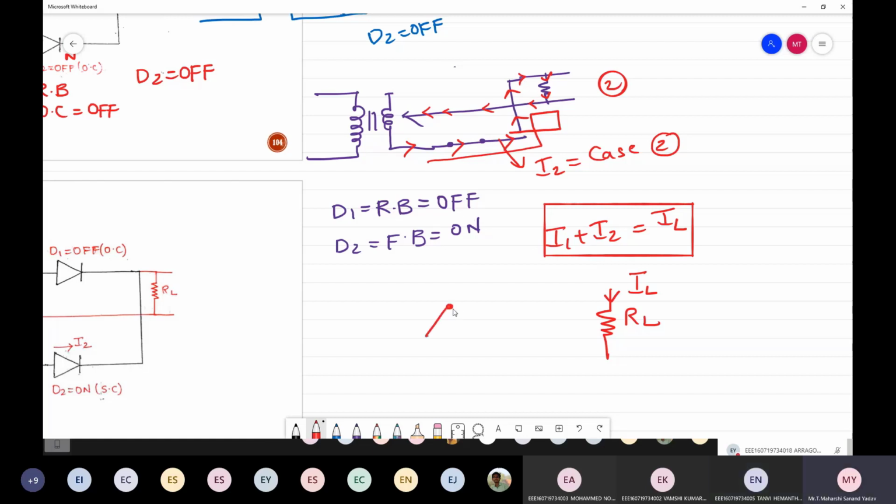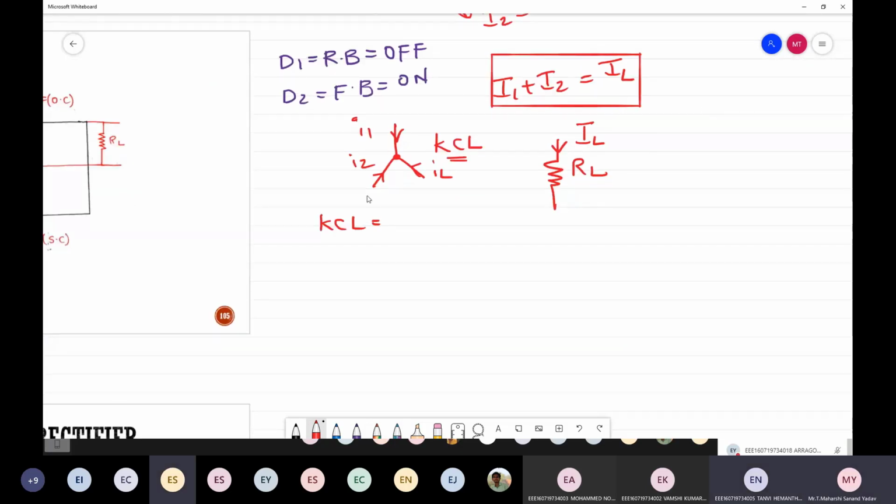Can anyone tell me the formula for KCL? The full form of KCL, and what is the answer? Suppose this is I1, this is I2, this is IL. Can anyone tell me what is KCL? It is Kirchhoff's current law. Okay. Sum of current entering is equal to sum of current leaving.